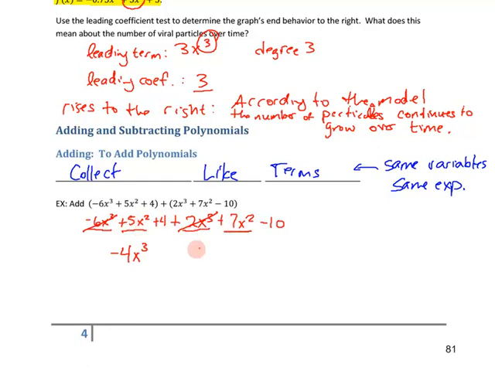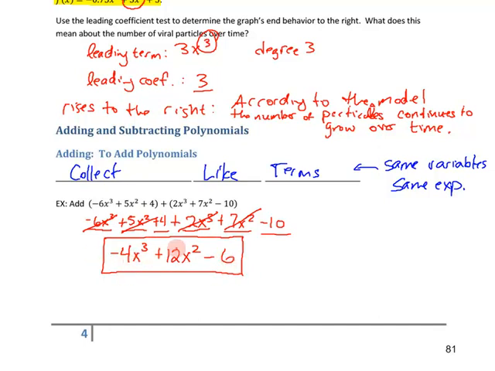So 5x squared plus 7x squared is plus 12x squared. So I've taken care of those. Now I've got 4 and minus 10. I can combine those to get a minus 6. That is completely simplified because I cannot combine any more like terms. So I've added those two polynomials together to get one simpler polynomial.